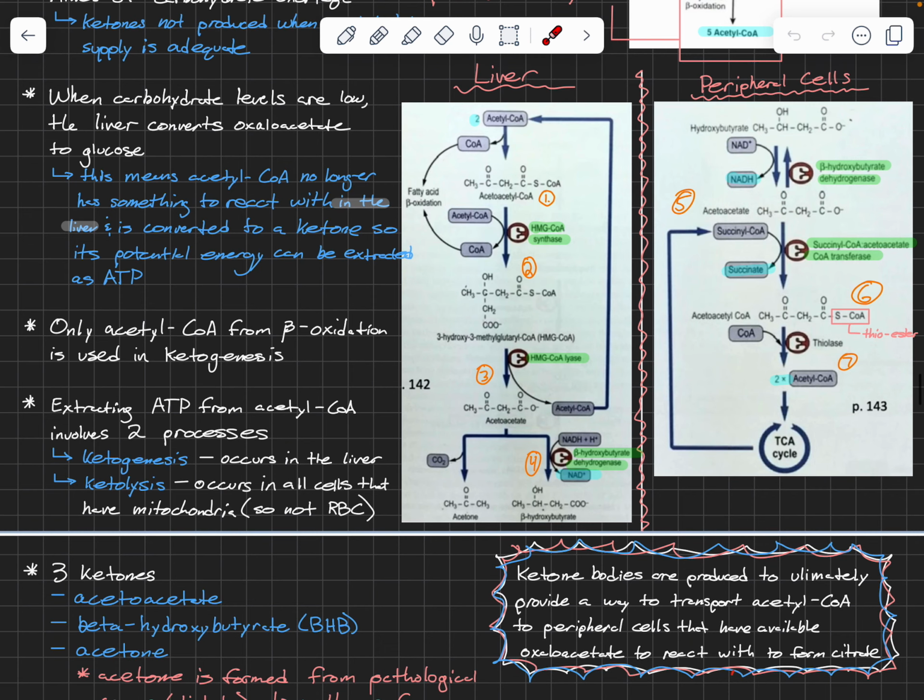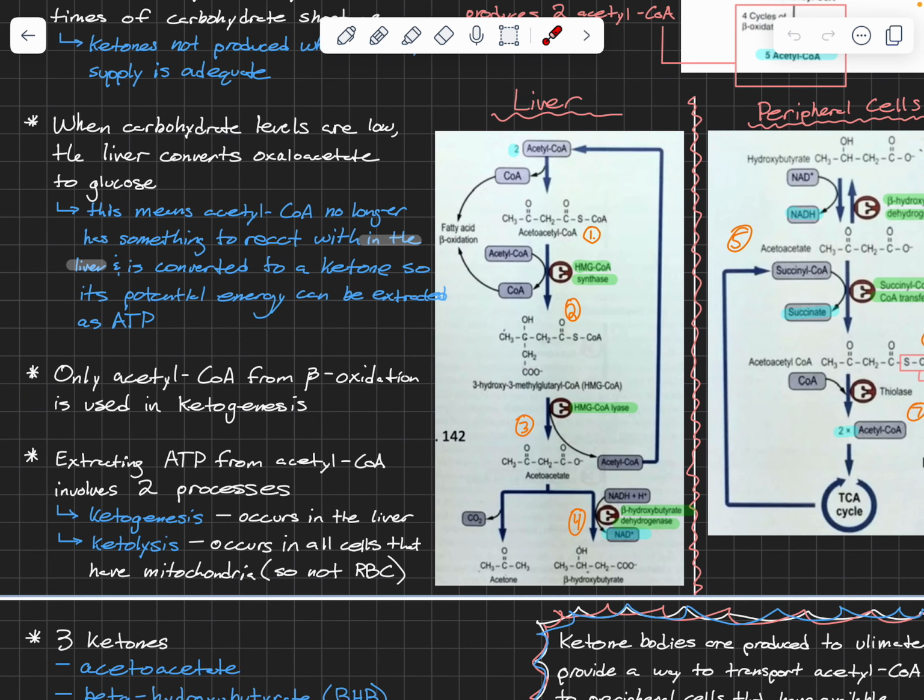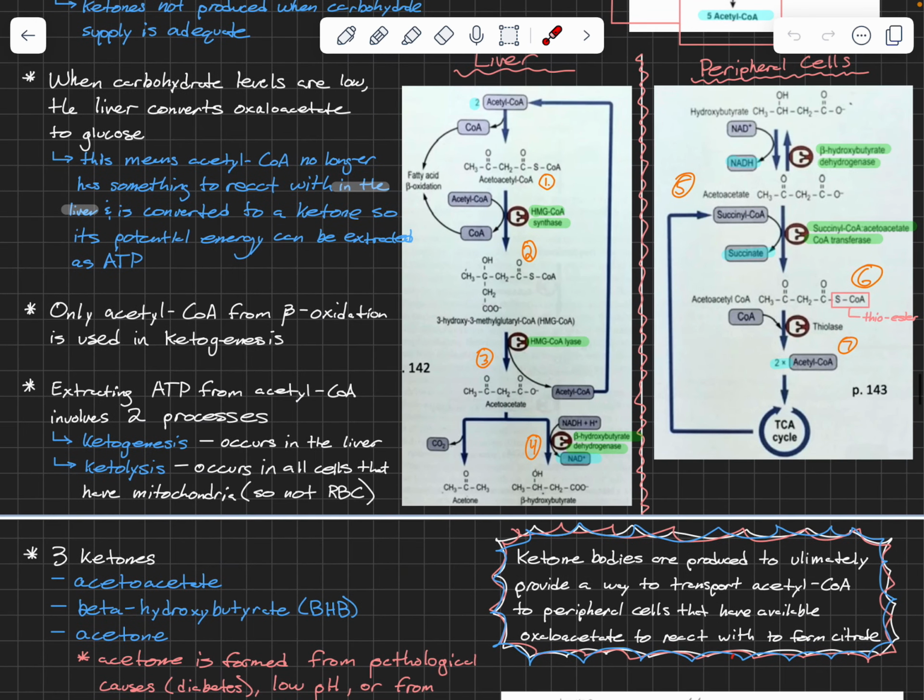Basically what's going to happen is our acetyl-CoAs that are being used to be turned into citrate with the oxaloacetate are not going to have any oxaloacetate to react with, so our body's going to have to put them towards something else, and they are going to be converted into a ketone so it can be extracted eventually for ATP. It just gives our body a way to get ATP with these leftover acetyl-CoAs that aren't being used. And the acetyl-CoAs only from beta oxidation can be used in ketogenesis.